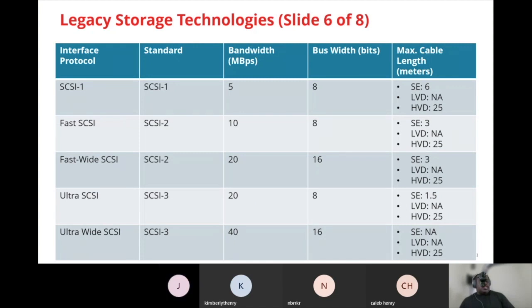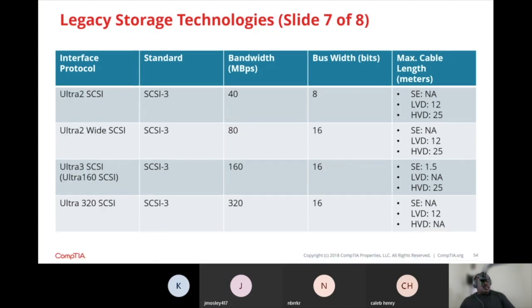So you have SCSI 1, which moved at 5 megabits per second, a blazing 5 megabits per second. And then Fast SCSI moved at 10 megabits per second. Way back in the 80s. So that was just blazing right there. You just couldn't do nothing with that. 10 megs per second.